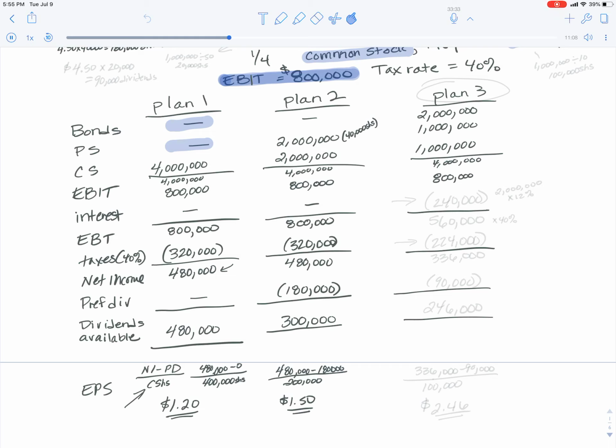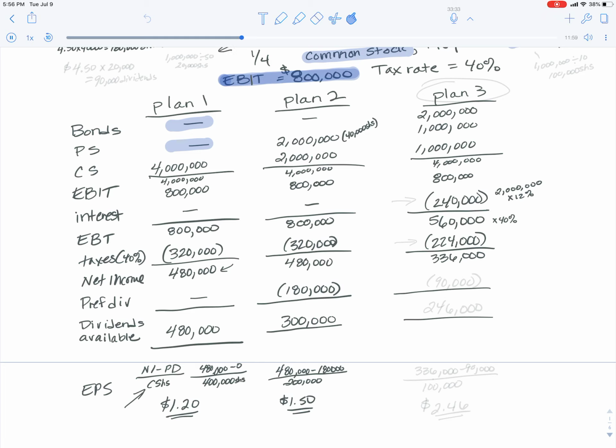So you take 560 times 40% is going to be our taxes. And now we have net income of 336. And we have some preferred shareholders again. So let's go up here and figure out.